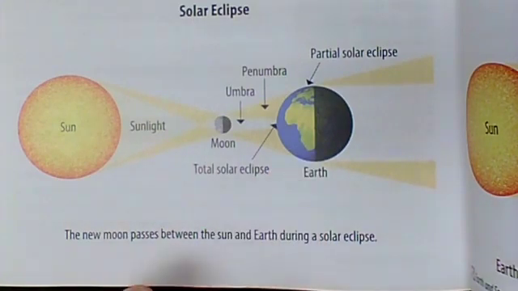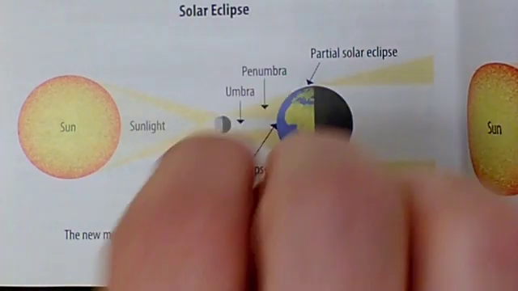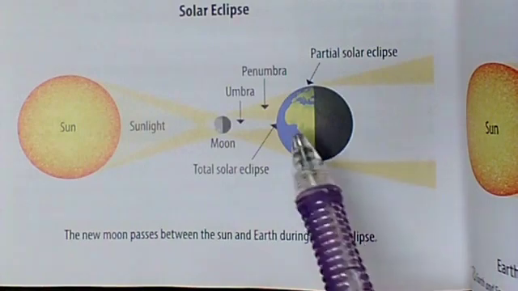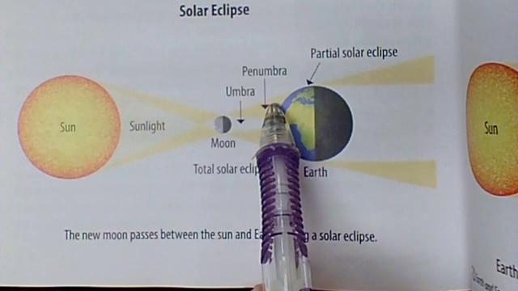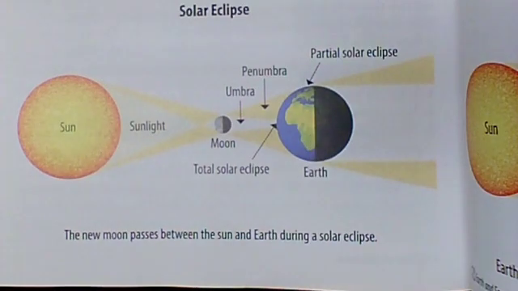And actually, the shadows here are a lot larger than they really are on earth. You're usually only going to see a very small swath of earth, like a path like this perhaps, where you're actually going to see either a total or partial solar eclipse. So this diagram really does not show that.